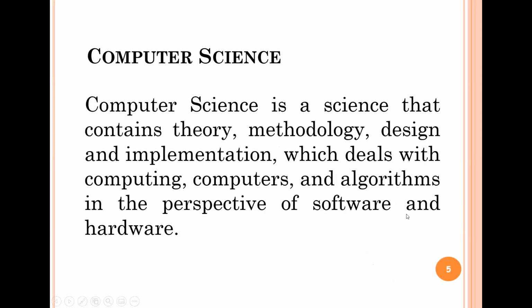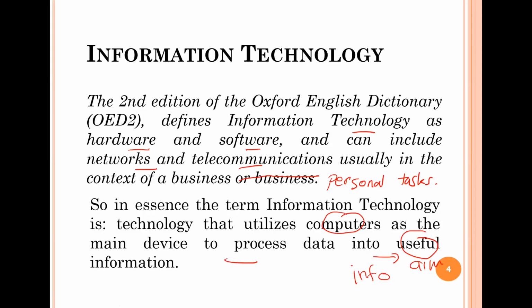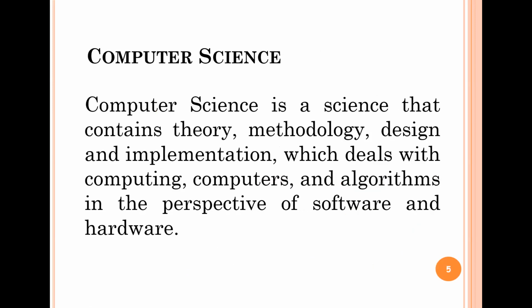Okay, we can continue. Computer science. What are the differences between information technology and computer science? Here, the definition of computer science is the science, as we can see from the name itself, that contains theory, methodology, design, and implementation, which deal with computing, computers, algorithms, and so on, from the perspective of software and hardware.